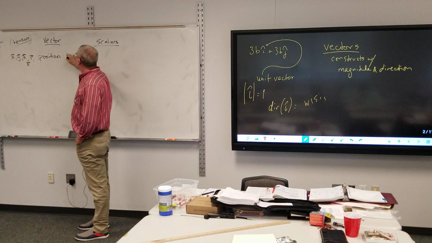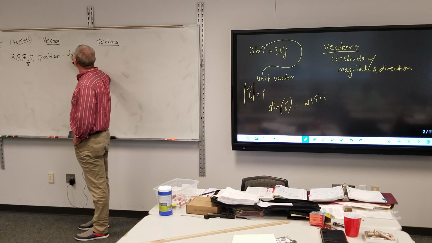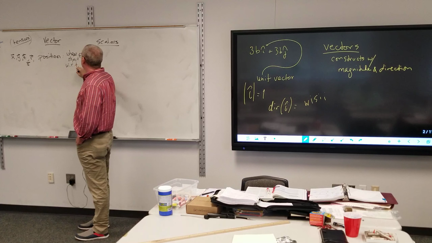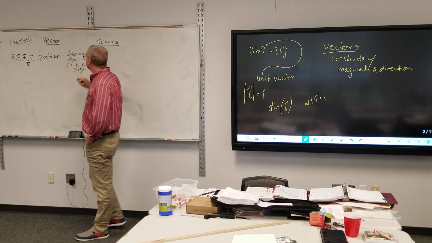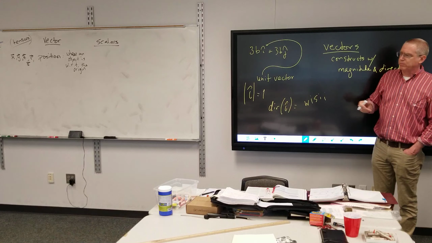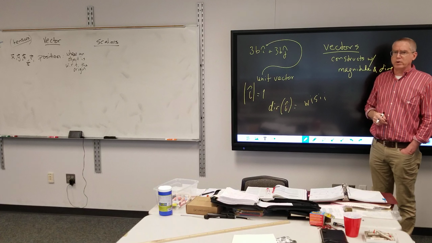All right, and position is where an object is with respect to the origin. Now, choice of origin, oftentimes there's a convenient place to put the origin, but the origin really is anywhere you want it to be.